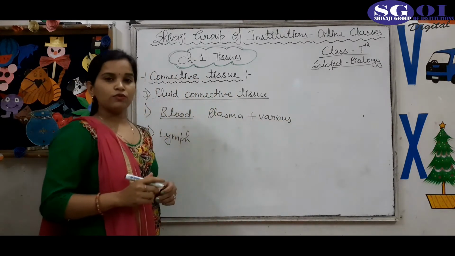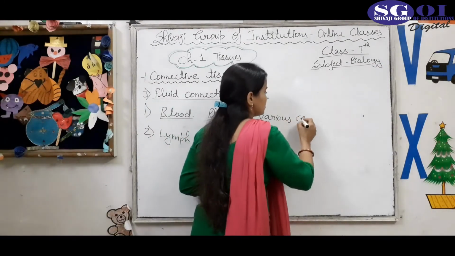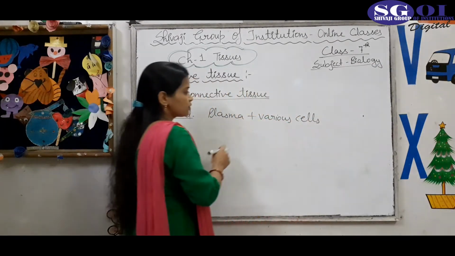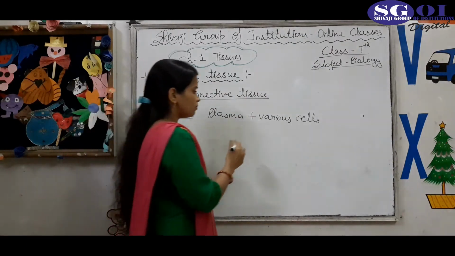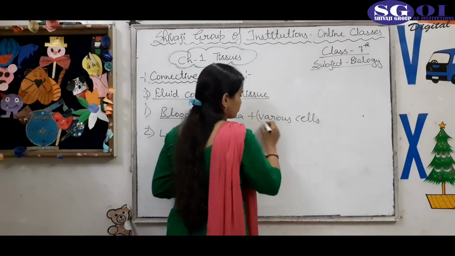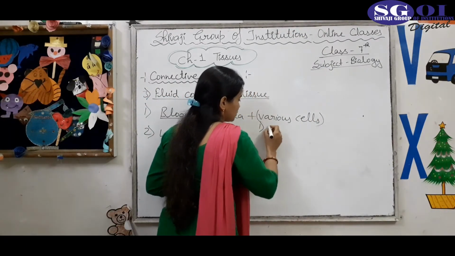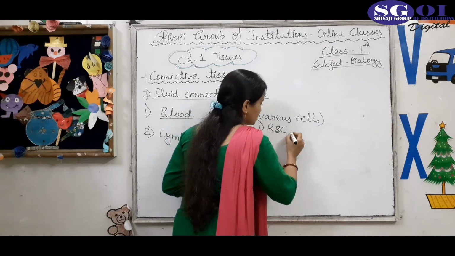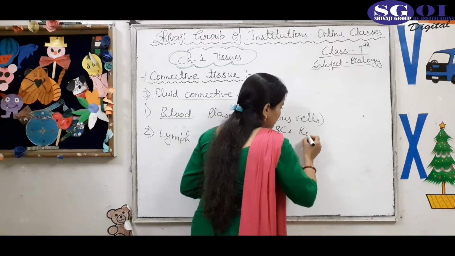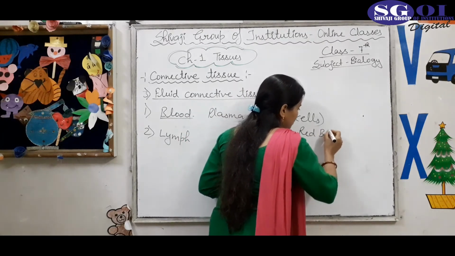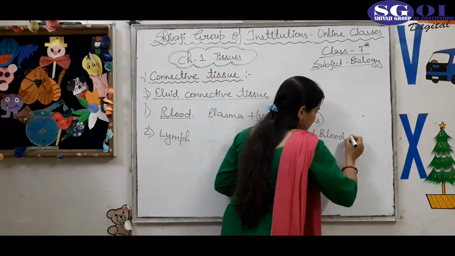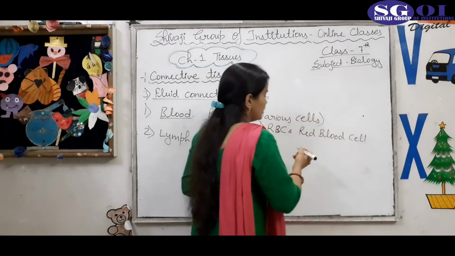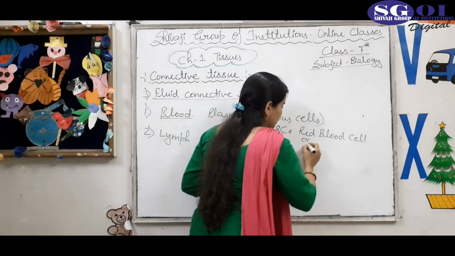Basically, there are three types of cells present in the blood. Which types of cells are present in the blood? First is the RBC, and the full form of RBC is red blood cell, also known as erythrocytes.